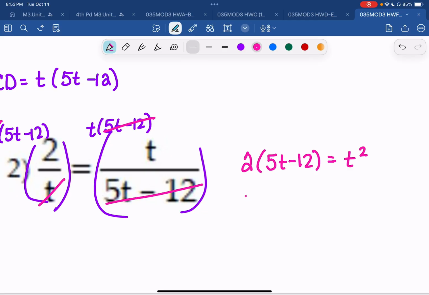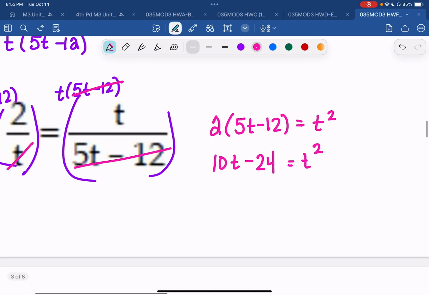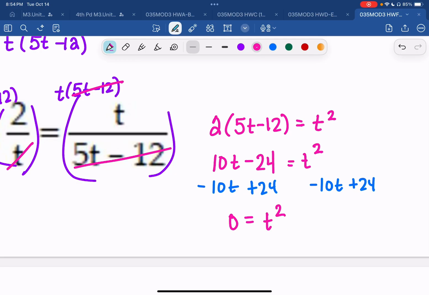Okay, so I can start solving. So 10t minus 24 equals t squared. Anytime you have a quadratic, we're going to set that equal to 0. So I'm going to move all these over. I'm going to subtract 10t. I'm going to add 24. And so that leaves me with 0 equals t squared minus 10t plus 24.